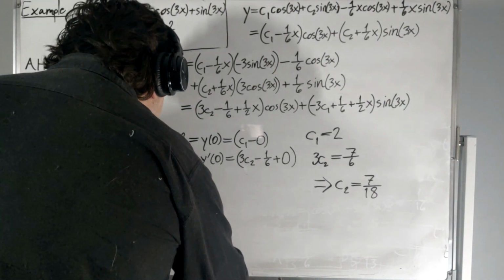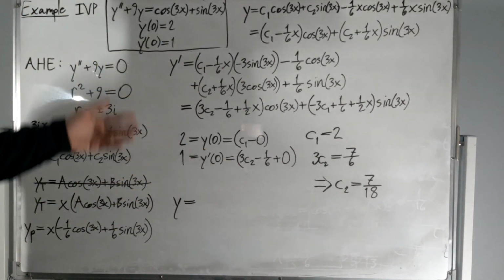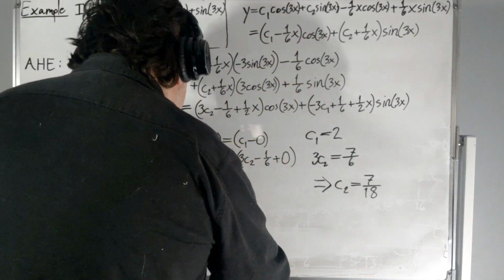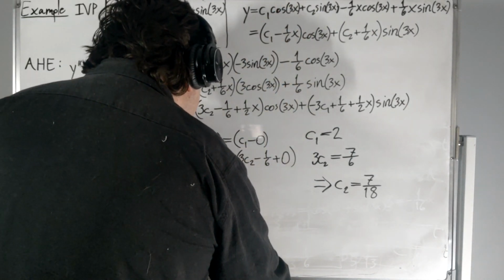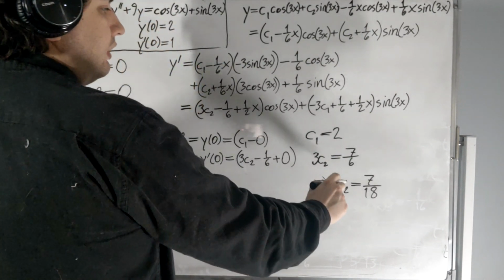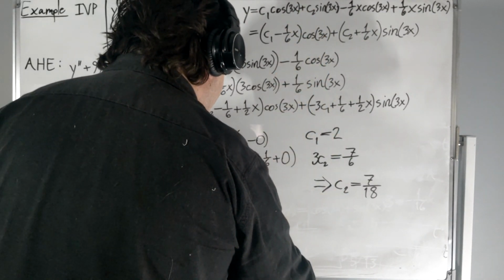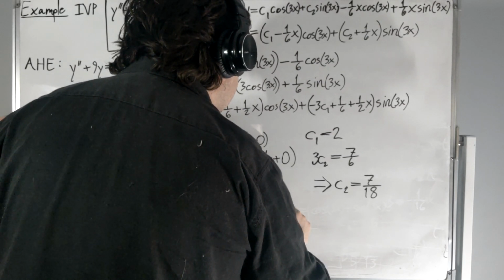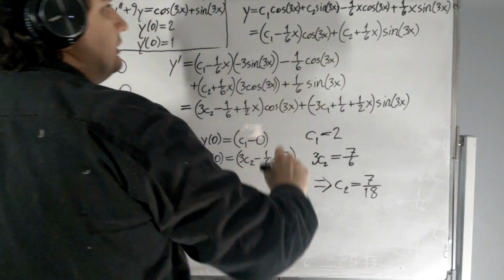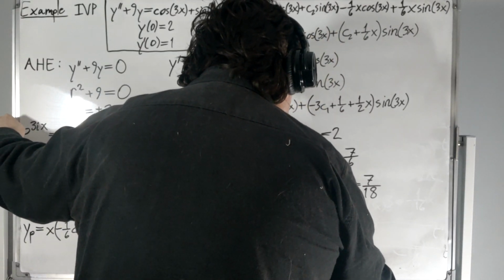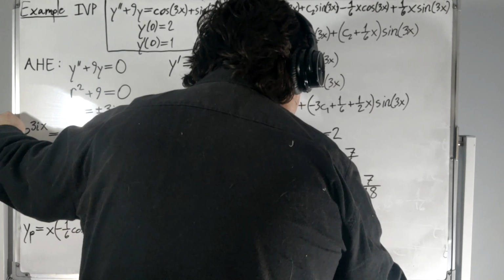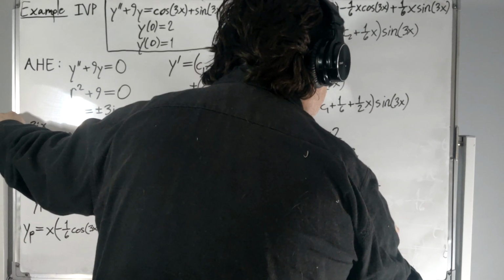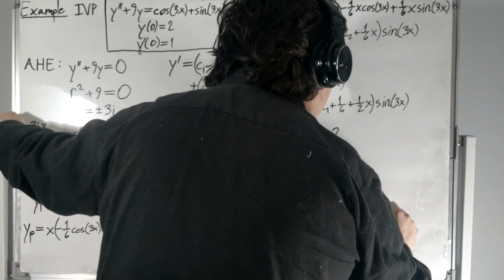So, the particular solution that solves our initial value problem is going to be, let's see here, 2 cosine of 3x plus 7 over 18 sine of 3x minus 1/6 x cosine of 3x plus 1/6 x sine of 3x.